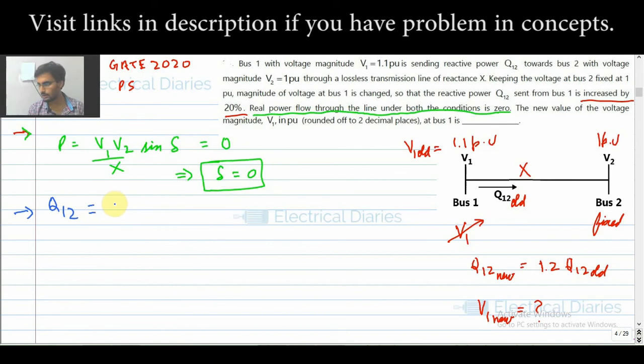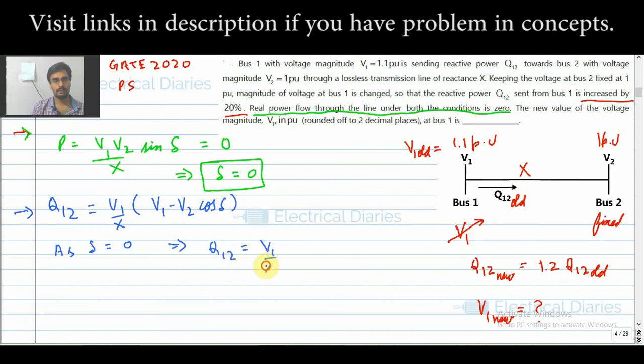If you don't know, then visit the links in the description. The formula is V1 by X into V1 minus V2 cos delta. As delta is equal to 0, the formula reduces to Q12 equal to V1 by X times V1 minus V2.